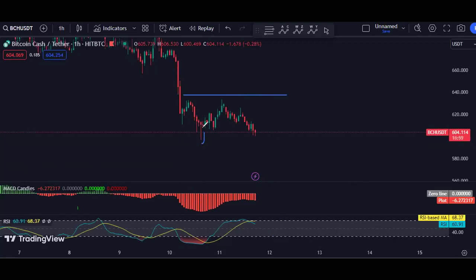Since we have this shadow, some of the traders consider this one as a low. That's why they can consider it a divergence. That means we have two possibilities. Either we look at this one as a divergence with the breakout of this low, or since this is a shadow, we don't need to wait for that. If anyone is looking at the chart this way, then they can put their entry above here.